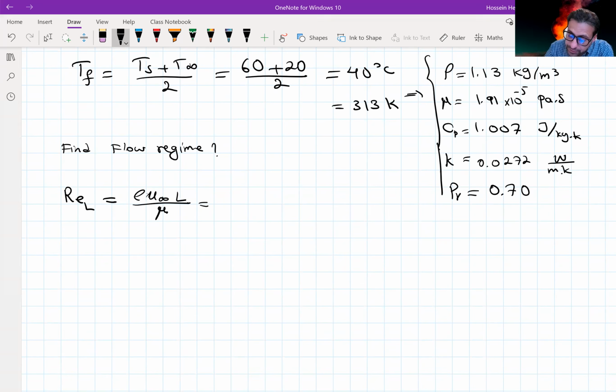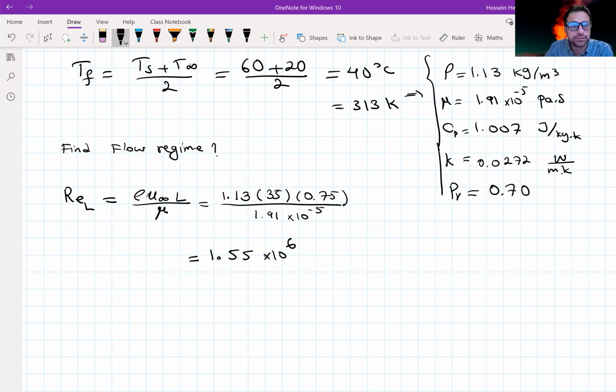If I do the evaluation, density was 1.13, u infinity 35, L is 0.75 meter, and viscosity is 1.91 times 10 to the power minus 5. One thing that you need to be very careful about is units. I didn't put the units here, but the units are consistent and all of them cancel out. Reynolds number is a dimensionless number. So it's going to be 1.55 times 10 to the power 6.